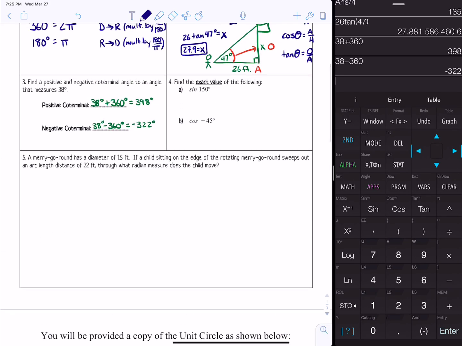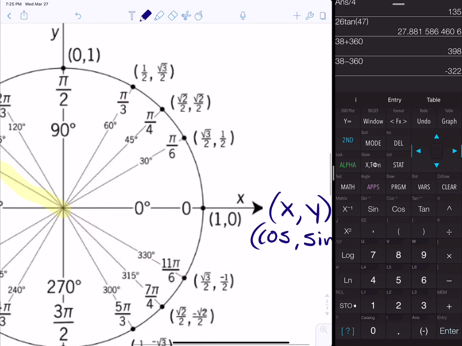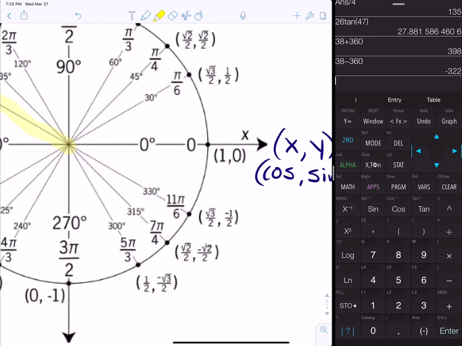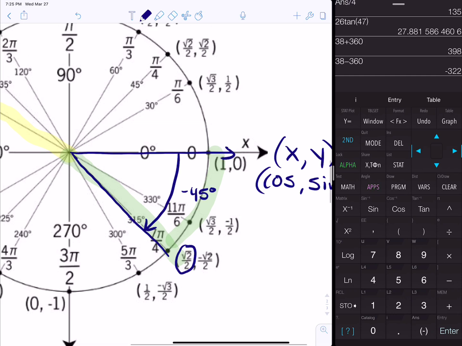You do not want to type these in your calculator. You want to use the unit circle to figure them out. And then cosine of negative 45. Negative 45 degrees is coterminal with 315 degrees, because they are the same, and they wanted the cosine, which is square root of 2 over 2.